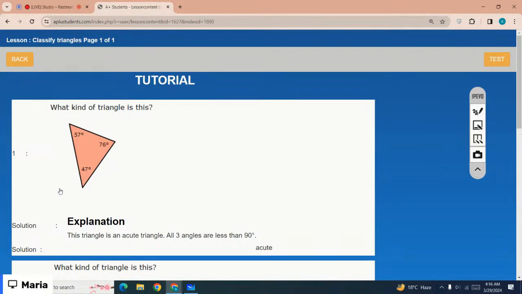What kind of triangle is this? Which is the correct option? Yes, that is an acute triangle because all of the angles are less than 90 degrees, right?